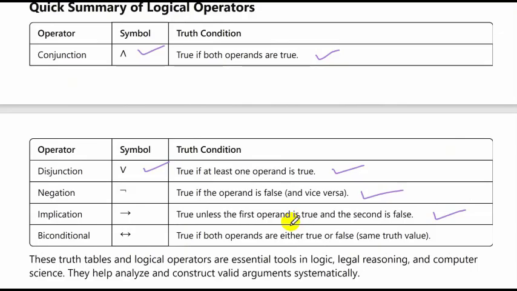Implication states that unless the first operand is true and the second is false, the whole value is true. Biconditional. It is true if both operands, that is both the propositions, are either true or false, that is, they have the same truth value.